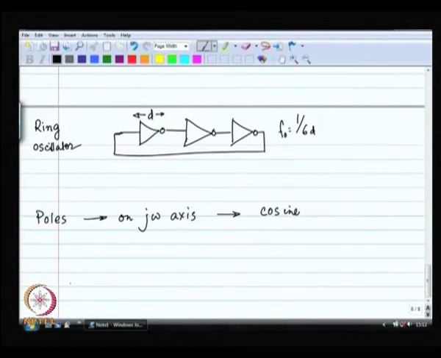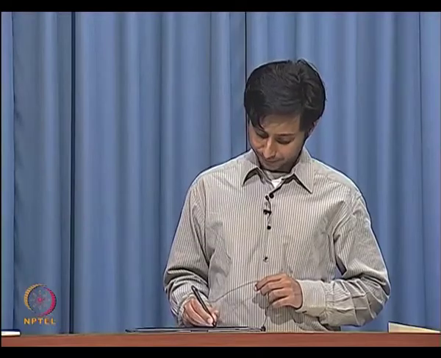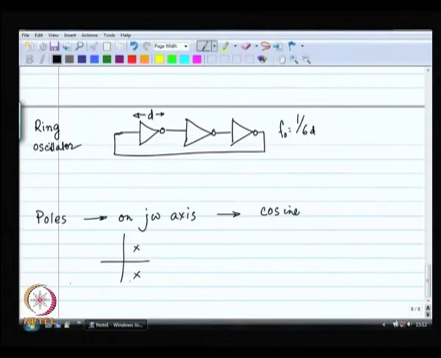If I manage to place poles on the right half plane somewhat like this, then the system will have a response which is a rising exponential times some cosine. Now, of course, a system is never going to keep growing in terms of voltage.